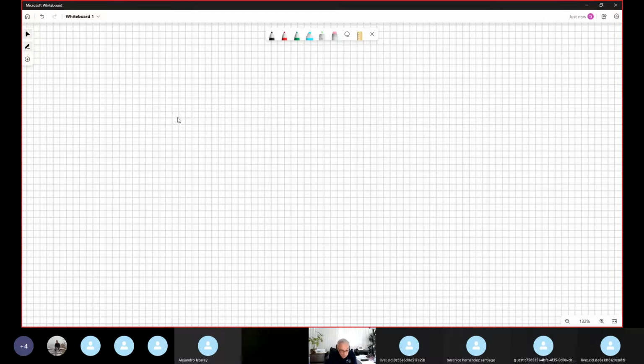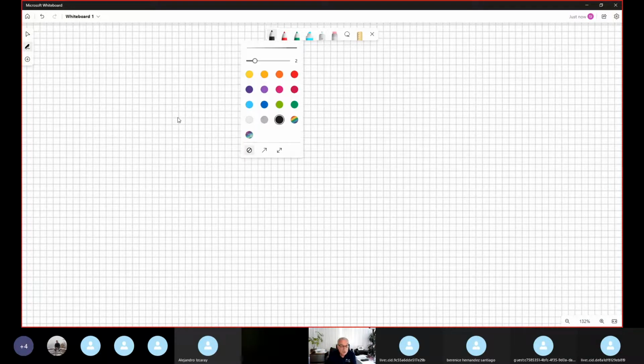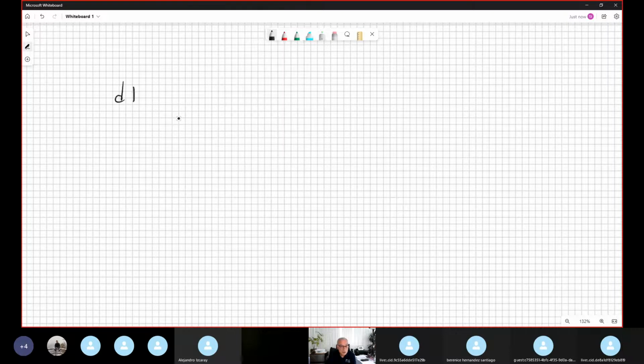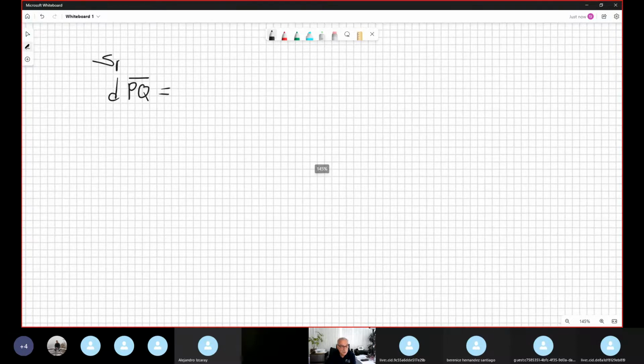So now I propose you find the equations. Suppose this is the distance formula, the distance between PQ. In that case, I want to do the equation for the sphere. A sphere, by definition, a sphere is like a ball, no?